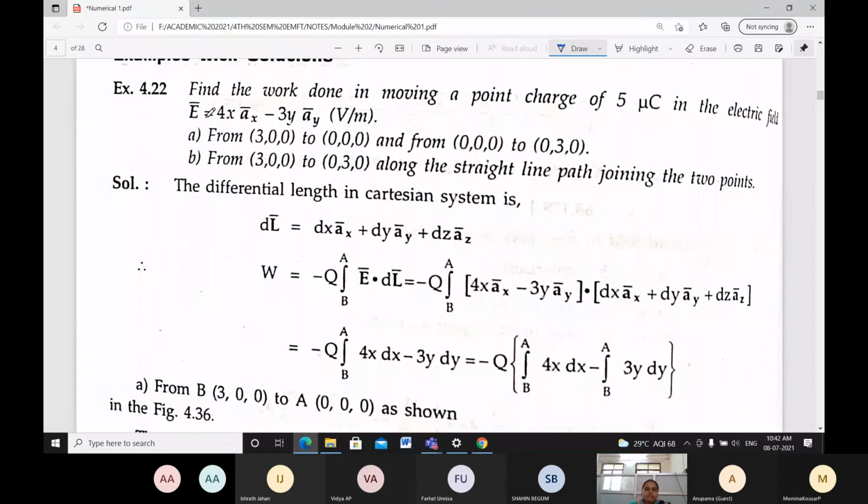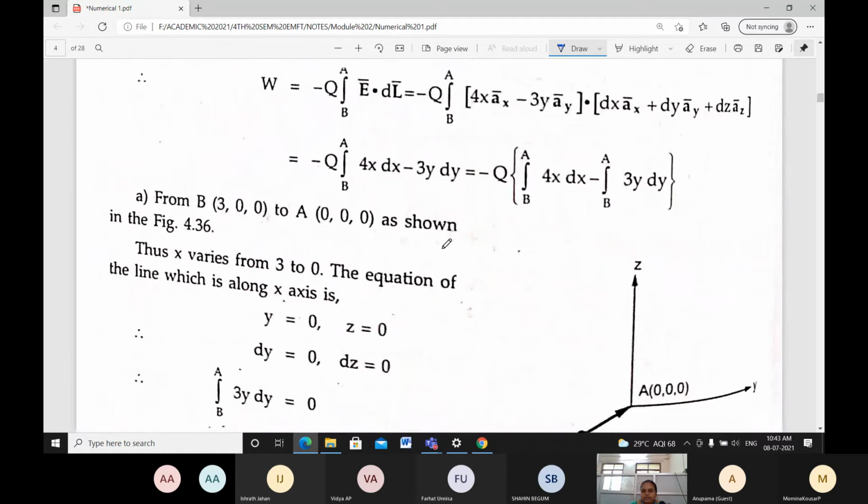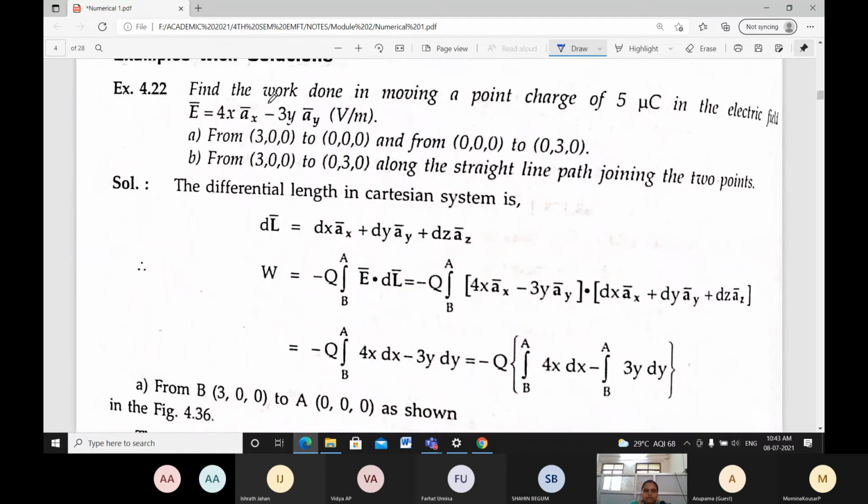Okay. Next, find the work done in moving a point charge of 5 coulombs in the electric field E equals 4x ax minus 3y ay volts per meter. Here different locations are given. From this, we have to find out what work is going to be done. In the previous case, we already solved how it goes.